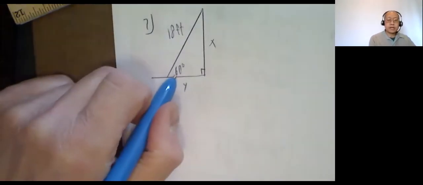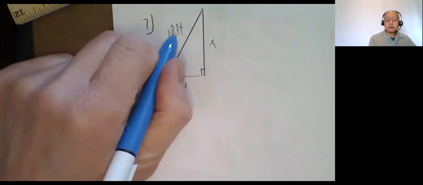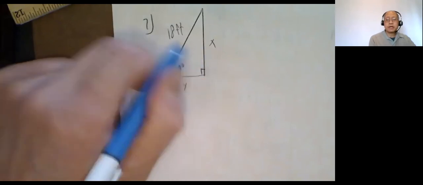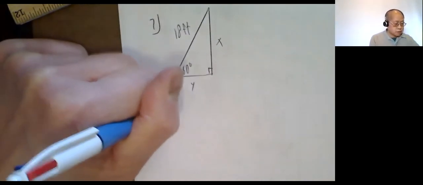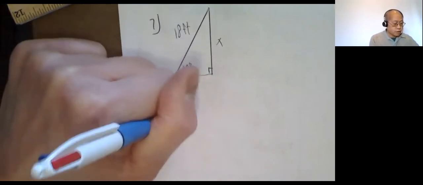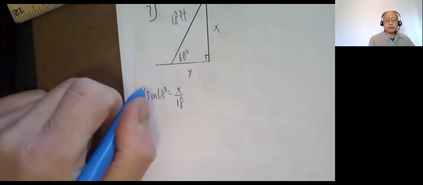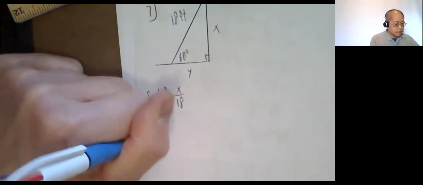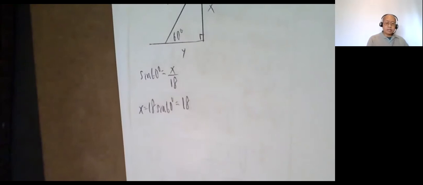Okay. So 60 degrees, opposite, hypotenuse. Opposite, hypotenuse: sine. Sine of 60 degrees is opposite over hypotenuse. Multiply both sides by 18. X is 18 sine 60. In this particular case, they don't want you to use a calculator.